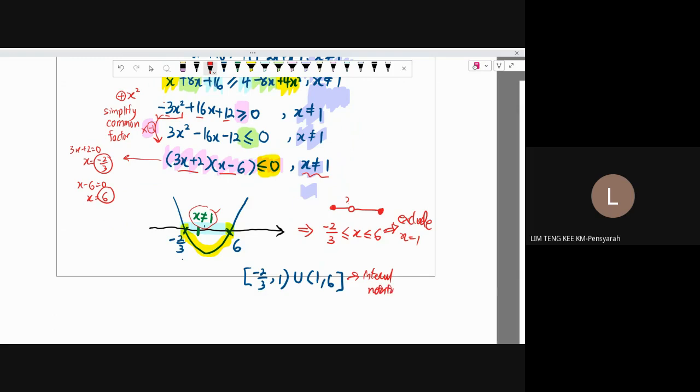And if you're interested to know the answer in set notation, it will be a curly bracket with x such that the interval will be from negative 2/3 included, so we have -2/3 ≤ x < 1.